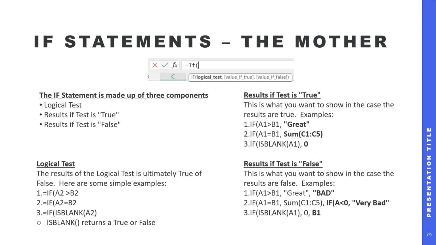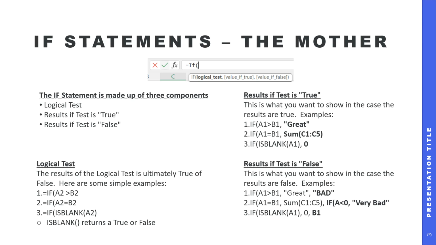The next and final level of an if statement is false. What happens if the results are false? A couple of examples. If A1 is greater than B1, of course, we already said if it's true, great. But if A1 is not greater than B1, we're going to say bad.